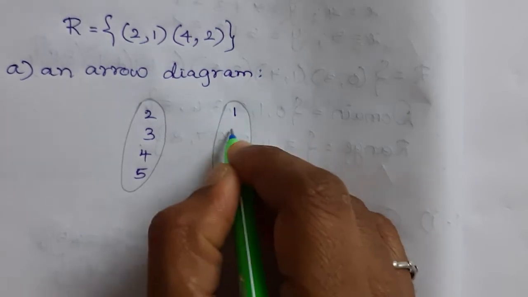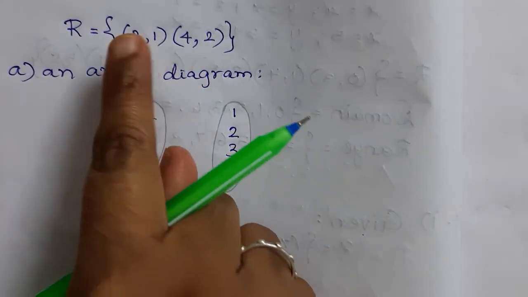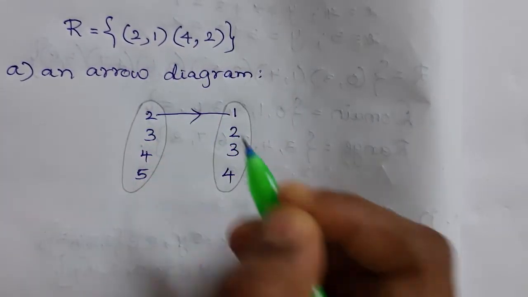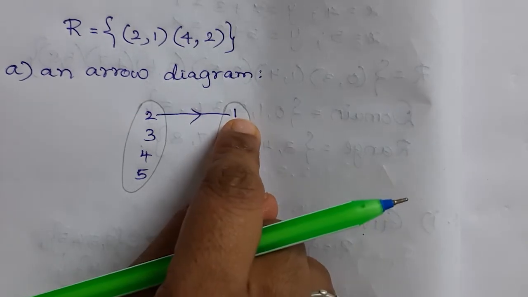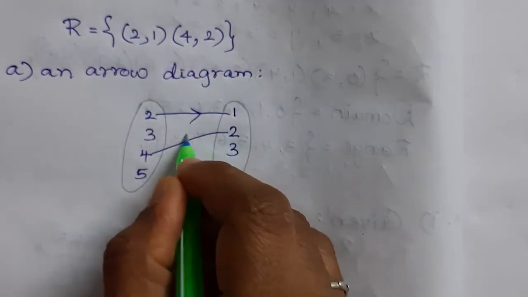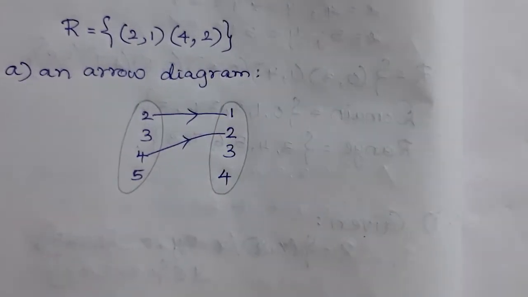The elements of y are 1, 2, 3 and 4. The relation states that 2 is related to 1, so you have to draw an arrow like this from 2 to 1. Then (4, 2), which means 4 is related to 2. So this is how we represent an arrow diagram for a relation.